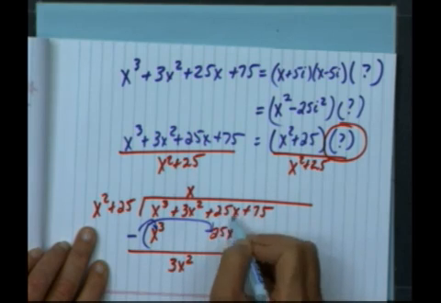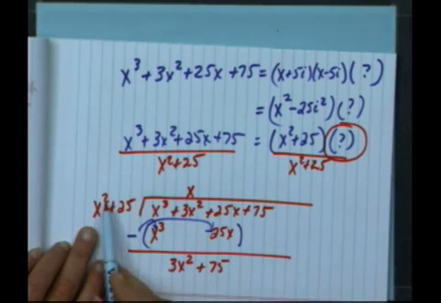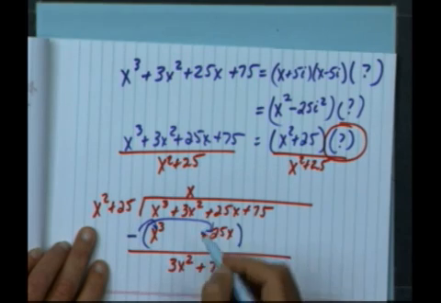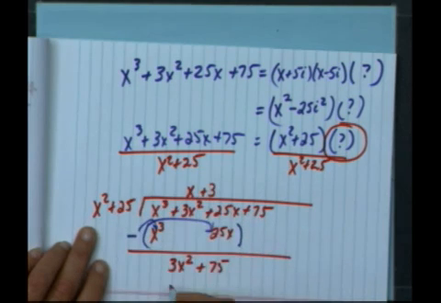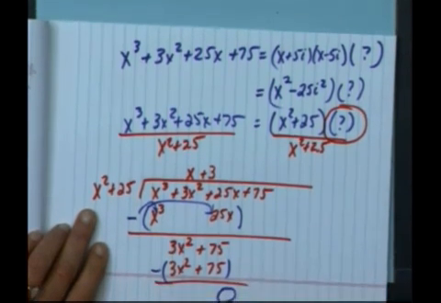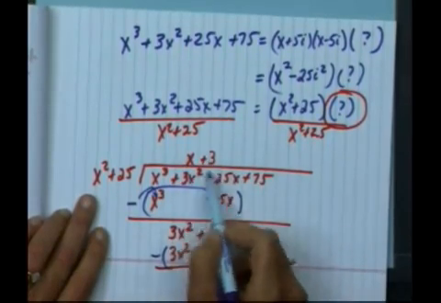The 25x's subtract out, and I bring down the 75. Okay, x squared goes into 3x squared how many times? 3 times. So 3 times x squared is 3x squared plus 75. When you subtract, what's my remainder? None. 0, which is what you're expecting it to be, because we were looking for a 0 of the function.